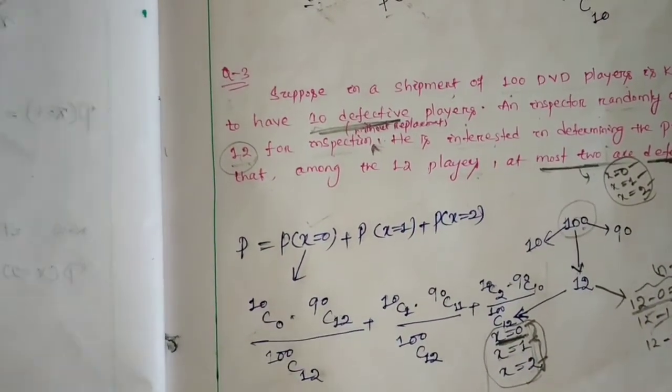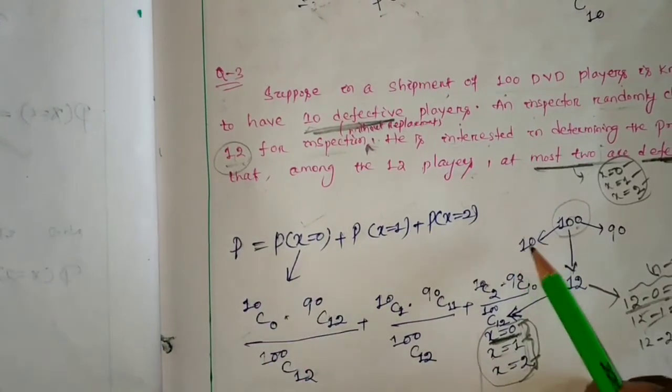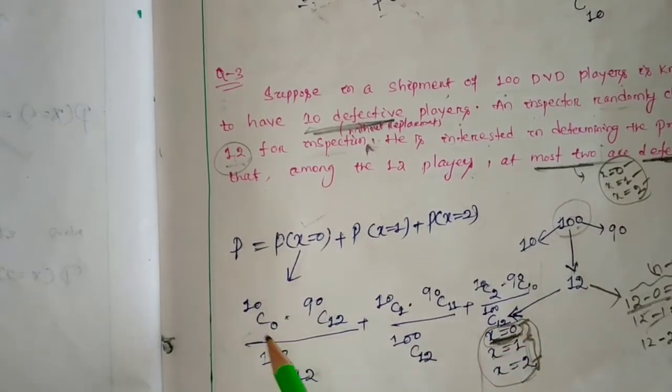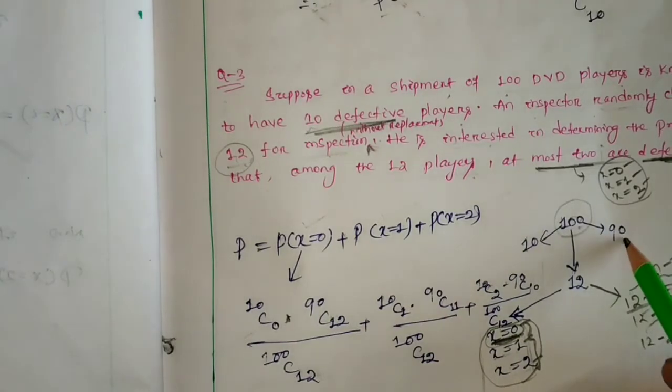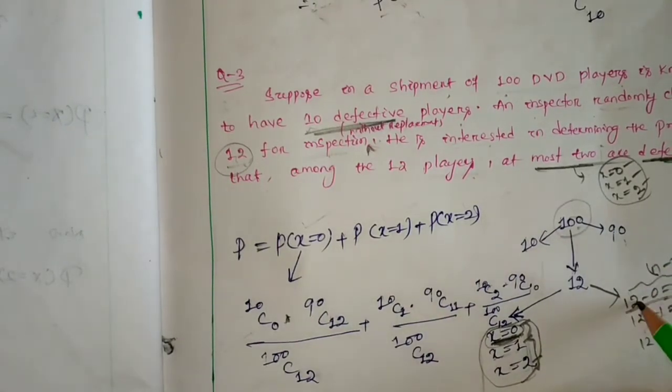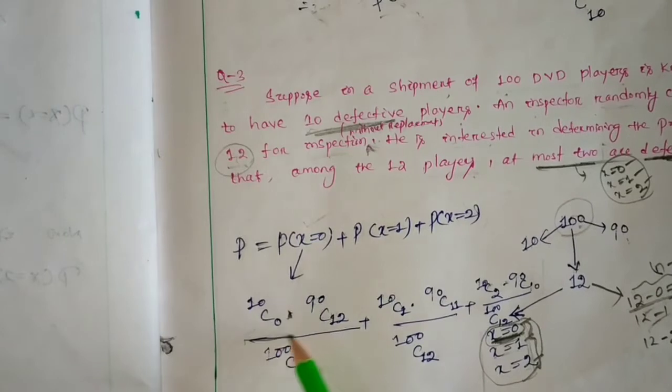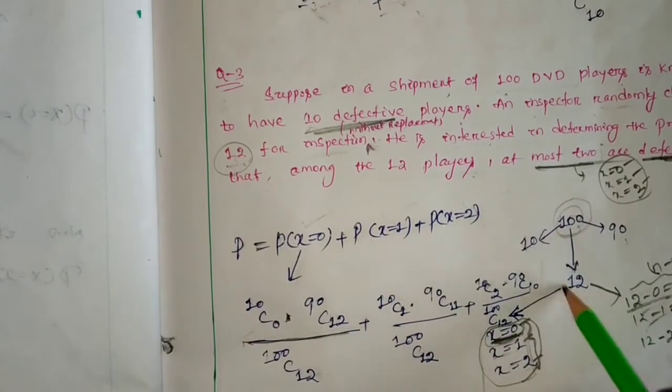probability? 10c0, from 10, 0 will be defective, 10c0 into non-defective is 90, 90c12, whole divided by from 100, 12 has been considered, 100c12.